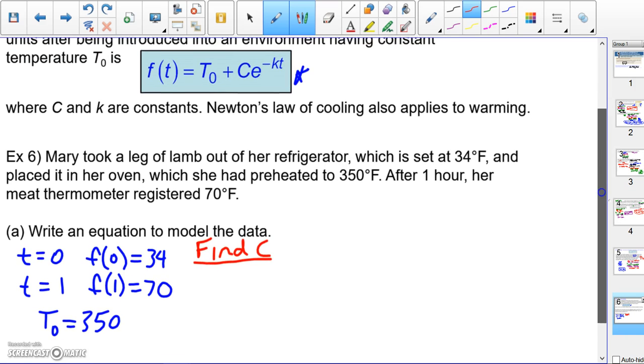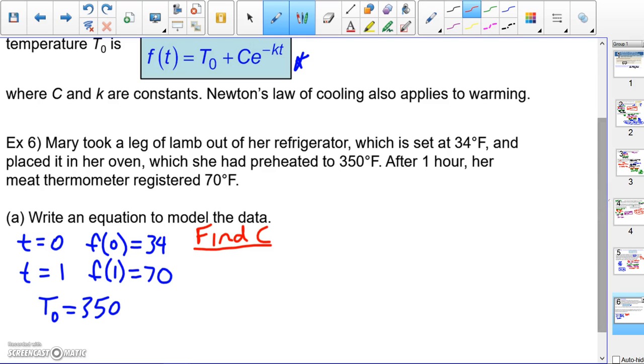Go back and look at the formula, f of t. I'm going to start with f of 0. Plugging in 0 really helps me. So the temperature T0 right here was 350, plus whatever C is, I don't know what that is yet, e to the negative k, I don't know what that is, but when I plug in 0, the time is 0.